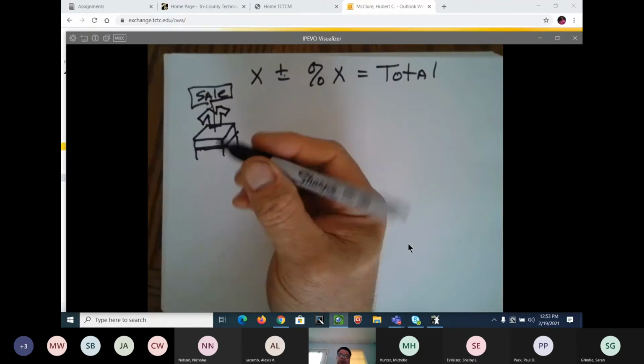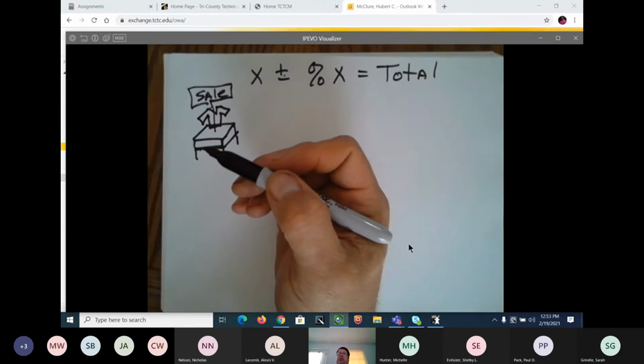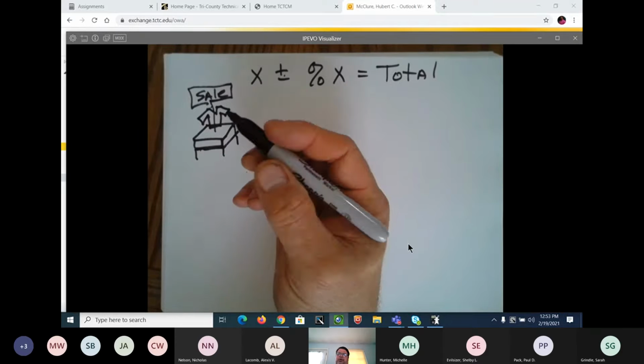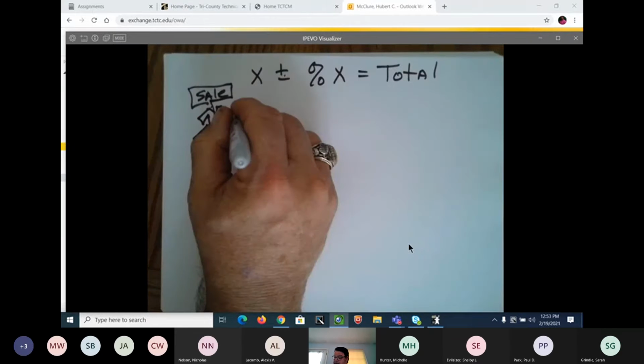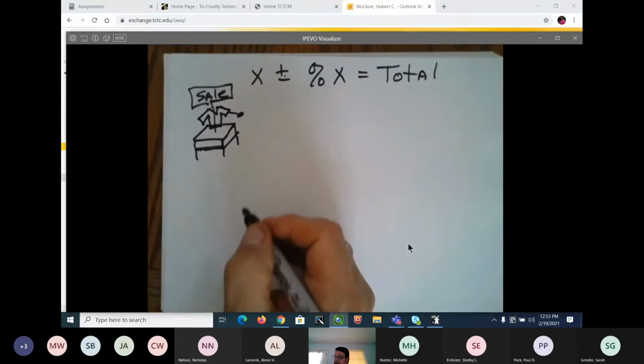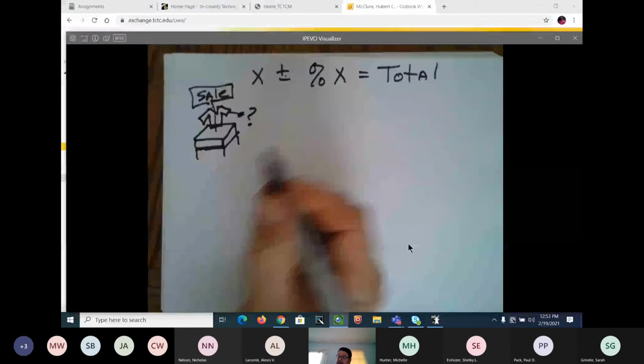You pick the only t-shirt that doesn't have a tag on it. Somebody ripped off the tag, so I have no idea how much it cost.